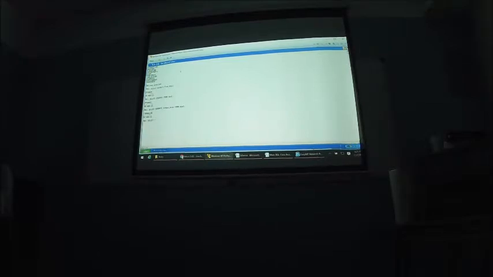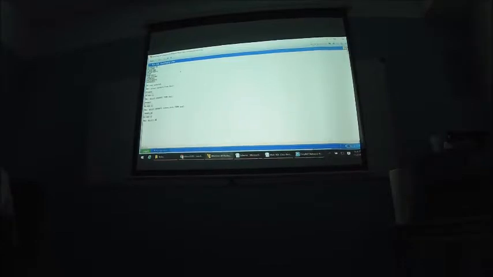Number 8. 1, 2, 3, 4, 5. What if I hit shift and number 1? What sign am I going to get? Bang, or exclamation. If I say shift 2, what am I going to get? At the rate of. Shift and 3, hashtag or number sign. Shift and 4, dollar sign. Shift and 5, percentage.